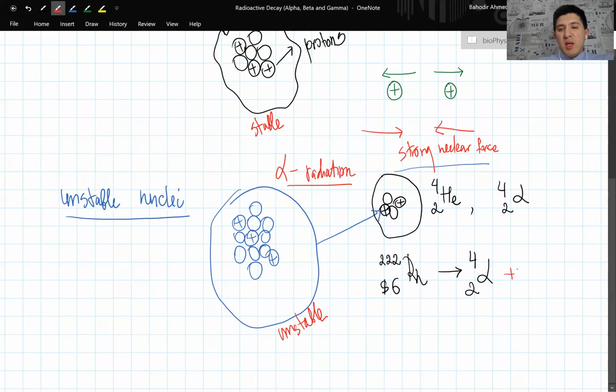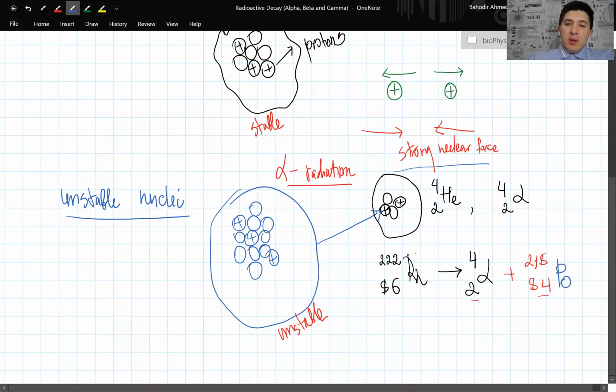So the question is, what is going to be the element here, right? This element should have atomic number 84, so that 2 plus 84 equals 86, and the atomic mass should be 218. So the number of protons should be 84, and the number of neutrons plus protons should be 218, and this is polonium.